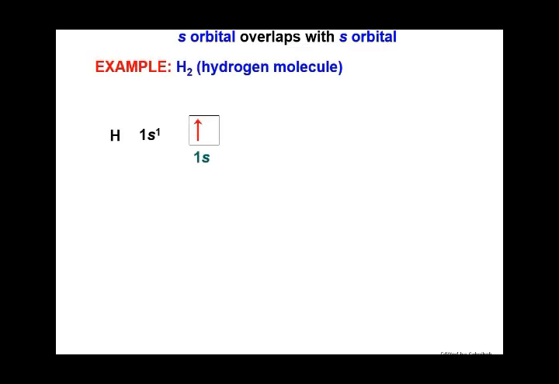So, for example, if s orbital overlaps with s orbital, such as in hydrogen gas, the electronic configuration is 1s1. So orbital 1s contains only one electron from one hydrogen, and the other hydrogen also represents 1s1 and contains one electron in orbital 1s.